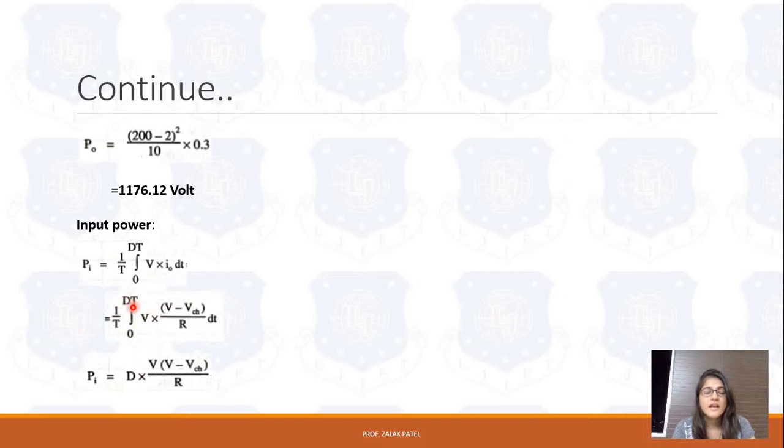So only D remains, and V into (V minus Vch) upon R. We have all the values: duty cycle is 30%, original voltage is 200, VCH chopper drop is 2 volt, and resistance is 10 ohm. If we put all these values in the input power equation, it will be 0.3 into 200 into (200 minus 2) upon 10. So it will be 1188, and this is our input power.